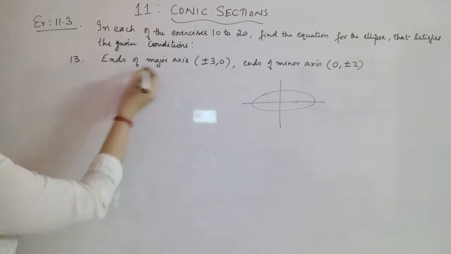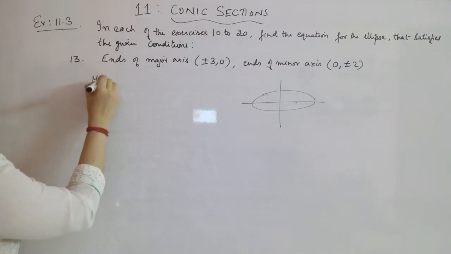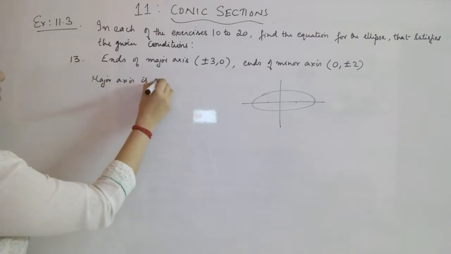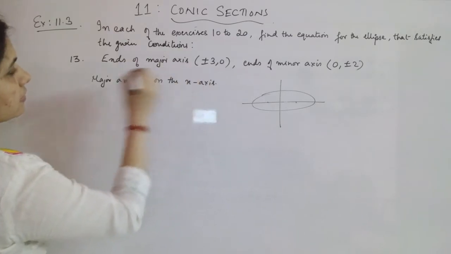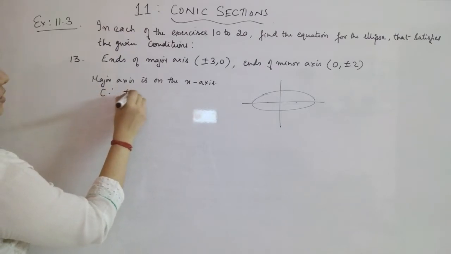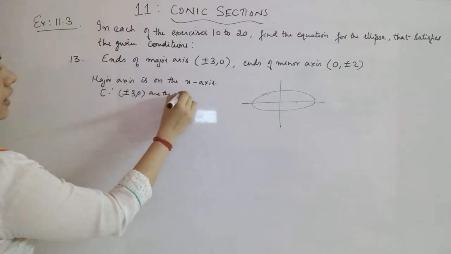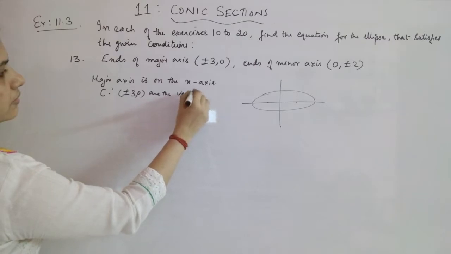Okay, so ends of major axis is plus or minus 3, 0 means that the major axis is on the x axis. Why? Since plus or minus 3, 0 are the ends, or you can say the vertices, same thing.